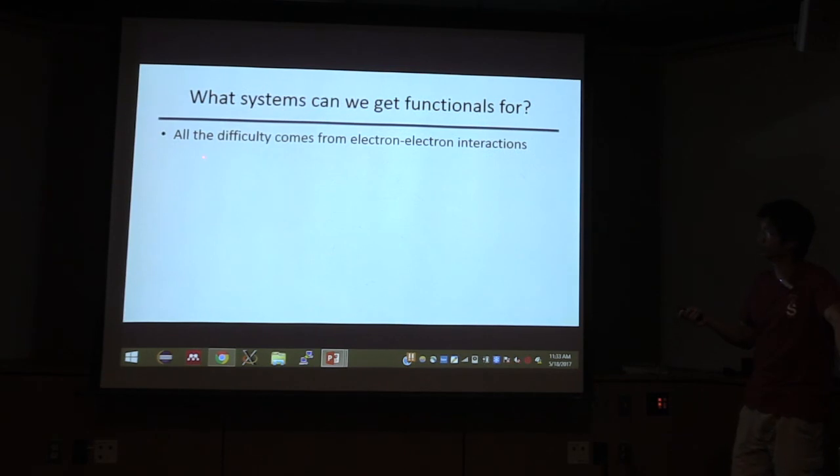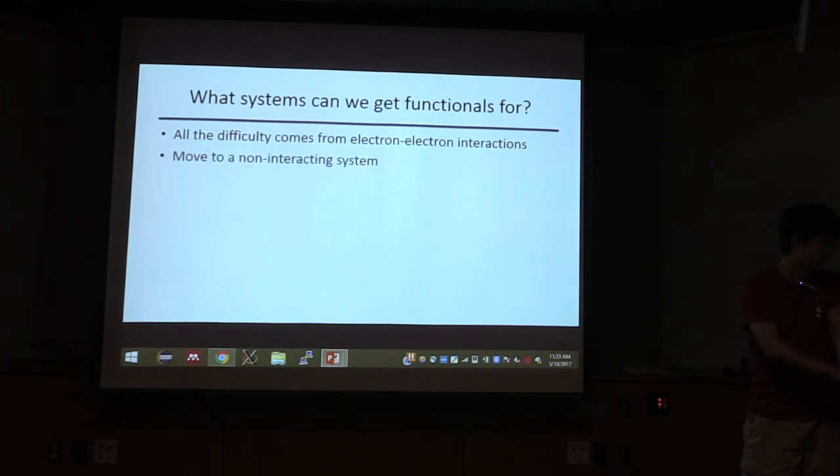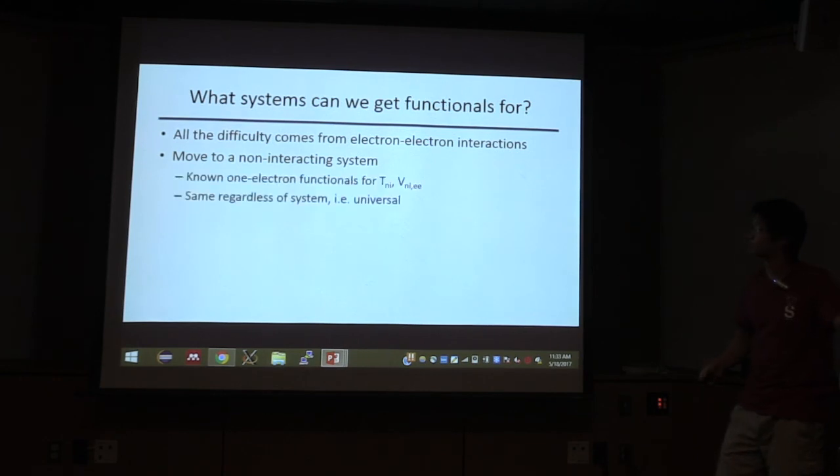So all the difficulty, or a lot of the difficulty, comes from the interactions of electrons with one another. And so a simple strategy to approach this is just to move to a non-interacting system in which a lot of these troublesome interactive terms, they don't go away, but we can get a large portion of the energy without considering them.